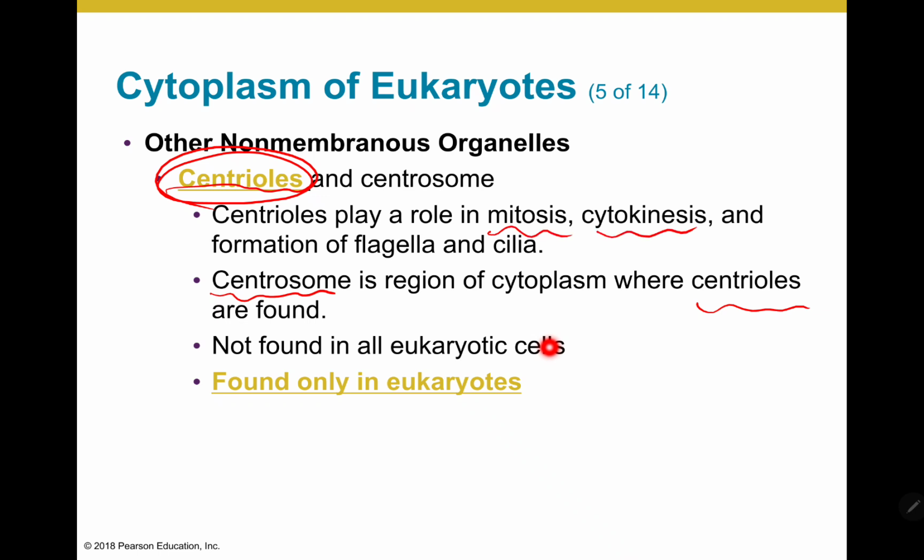But they're not going to be found in all types of eukaryotic cells. You're not going to find these, for example, in a neuron. Neurons are not able to undergo cell division, so if you damage it, you're going to lose it essentially. So they're not found in all eukaryotic cells, but they're only found in eukaryotes. You're not going to find these centrioles in a prokaryotic cell.